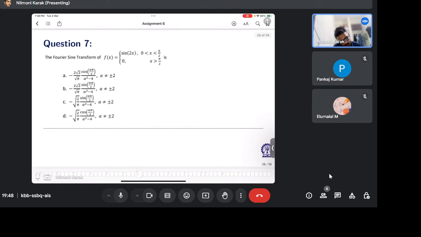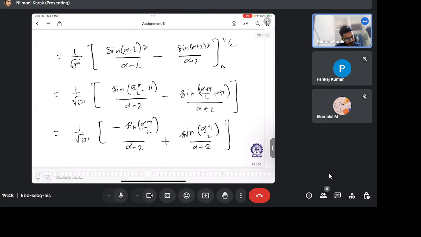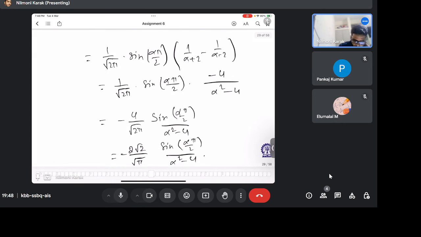That was the second option. Always think that alpha should not equal plus minus 2, otherwise it doesn't make sense. So option B is correct. Did you get it?